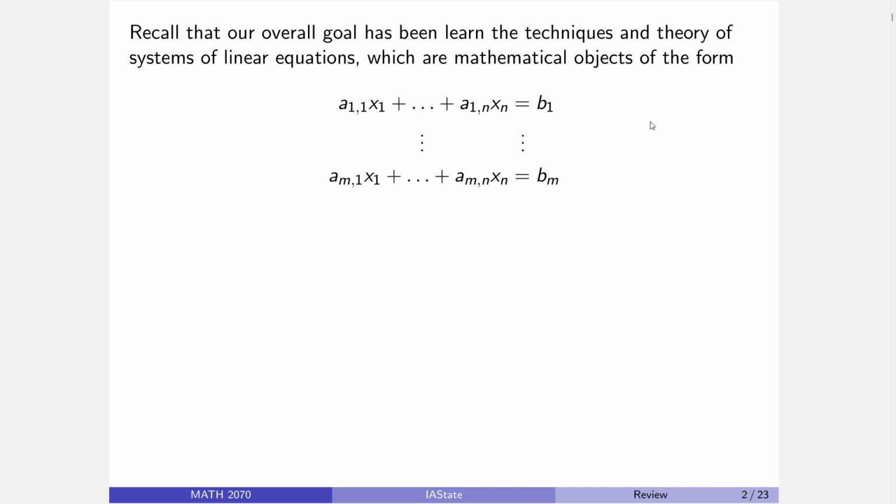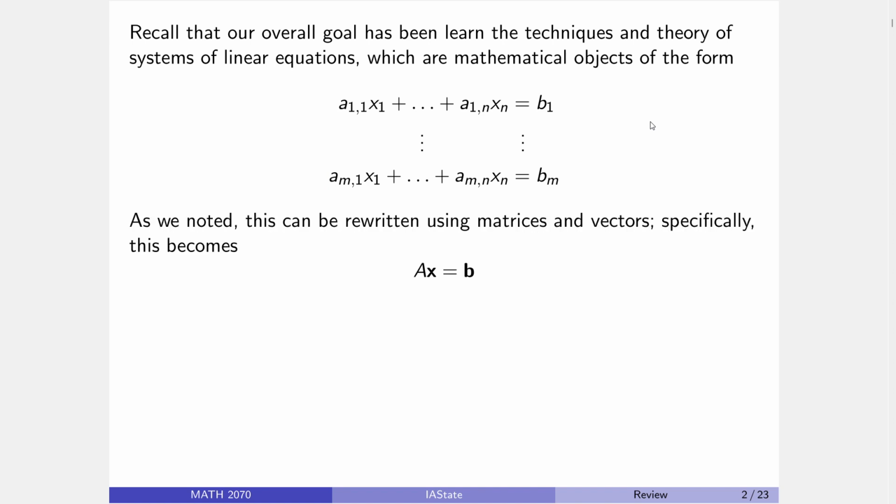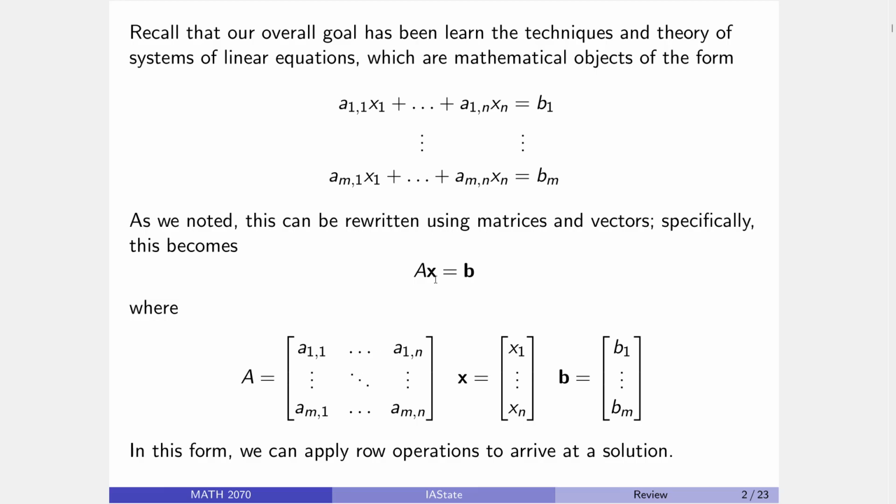Okay. Now, as we noted, this becomes the matrix equation, Ax equals b. And what's nice about this is that this converts this collection of equations into a single equality. And what's even nicer is that the way it is turned into Ax equals b is by grouping together the various types of symbols that were showing up here.